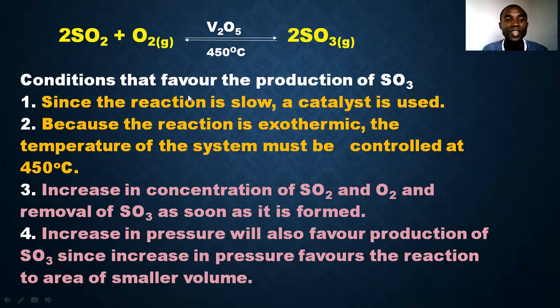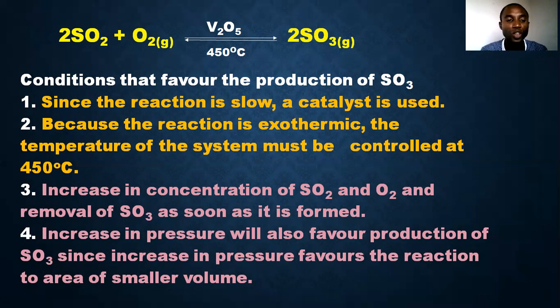Now, what are the conditions that favor the production of sulfur 6 oxide? Number one is that since the reaction is slow, a catalyst is used. That's why we use vanadium 5 oxide as a catalyst. Number two is that because the reaction is exothermic, the temperature of the system must be controlled at between 400 to 450 degrees Celsius.